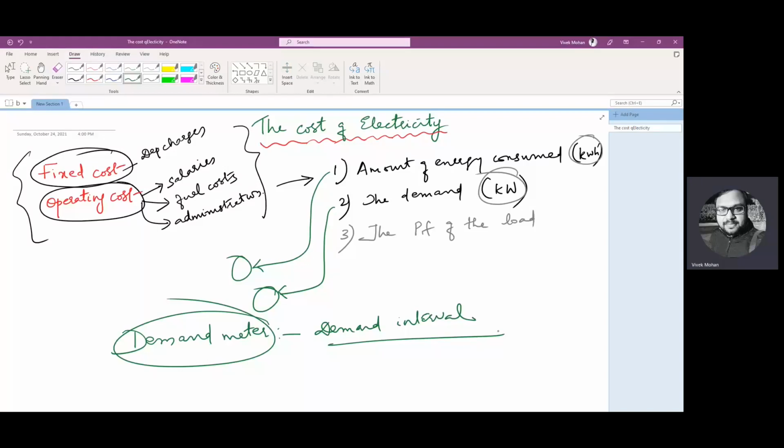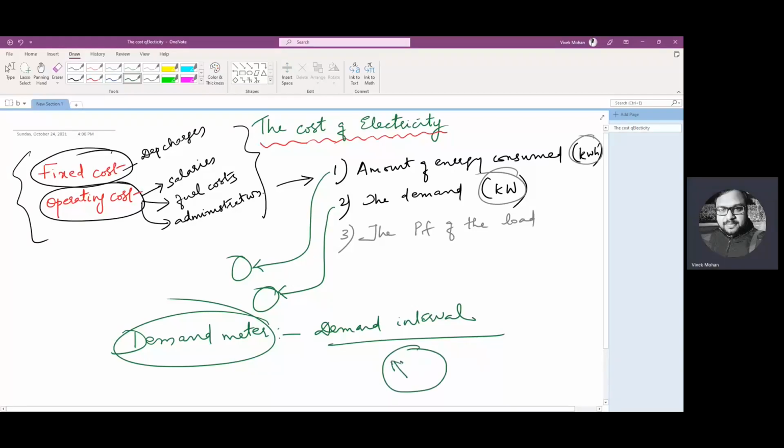So as time goes by, the meter records the demand at every demand interval. If it is 15 minutes, then at every demand interval it's calculating it. And the pointer moves up and down on a calibrated scale as the demand changes. So in order to record the maximum demand, the meter carries a second pointer. So two pointers are there for a demand meter.